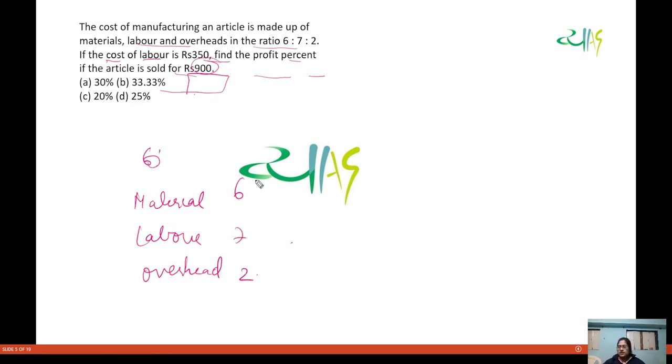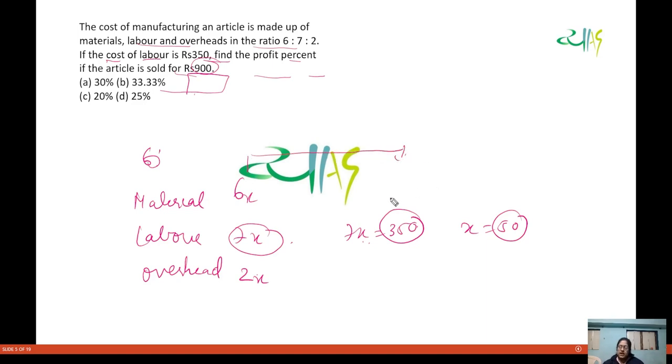Whenever something is in a ratio, we can multiply by a common factor x, and this 7x is equal to 350, so x is equal to 50. Correspondingly, the material cost becomes 300 and the overhead cost becomes 100. So what is the total cost price?